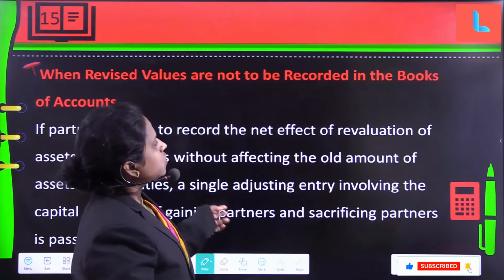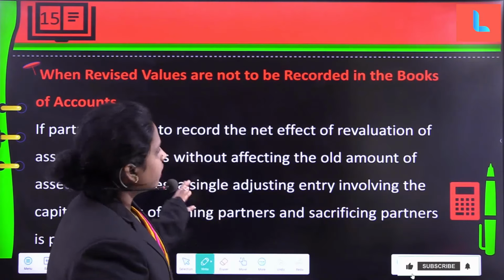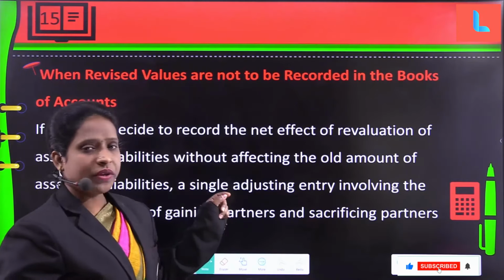When revised values are not to be recorded in the books of accounts, what do we have to do?